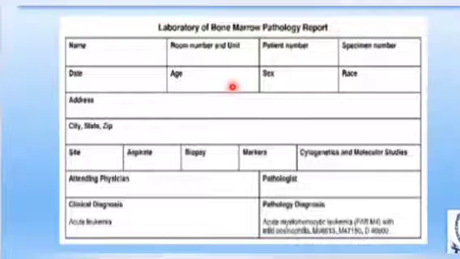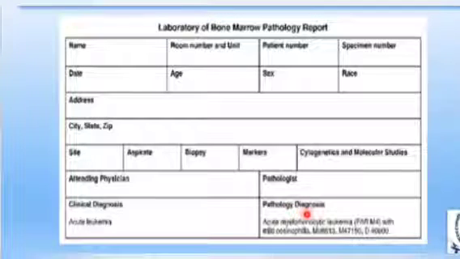It's a special type of bone marrow report, but sometimes we exclude the race or room number. We look at name, date, age, sex, and patient number. Sometimes we also include the address, the attending physician, and the pathologists who are performing this test.